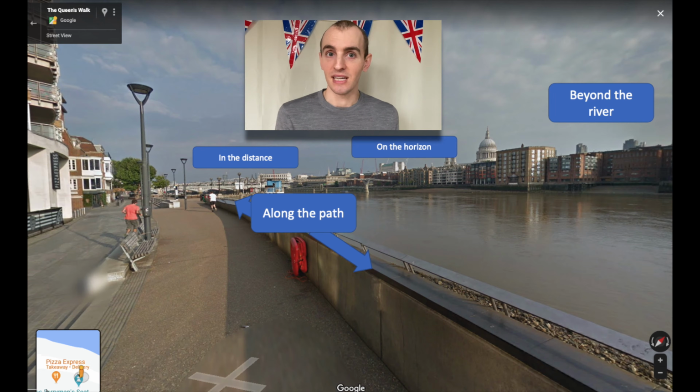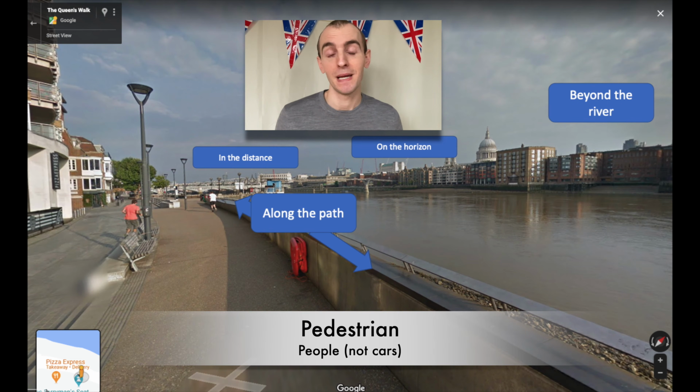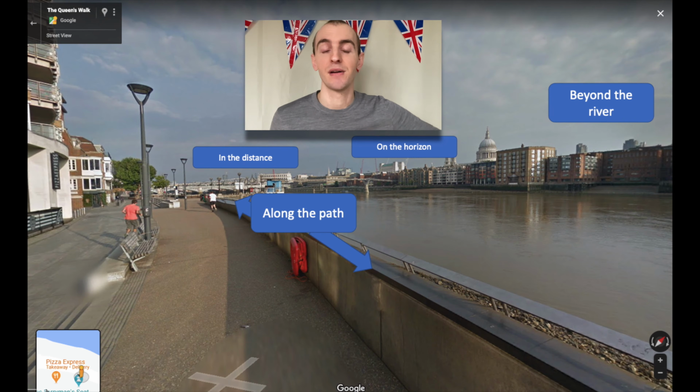You could also see some bridges. So the River Thames has so many bridges that go across the centre. And if you look in the distance there is a bridge. In fact, you can see the Millennium Bridge in this picture, which is a pedestrian bridge. That means for people only, no cars. In the distance means very far away.